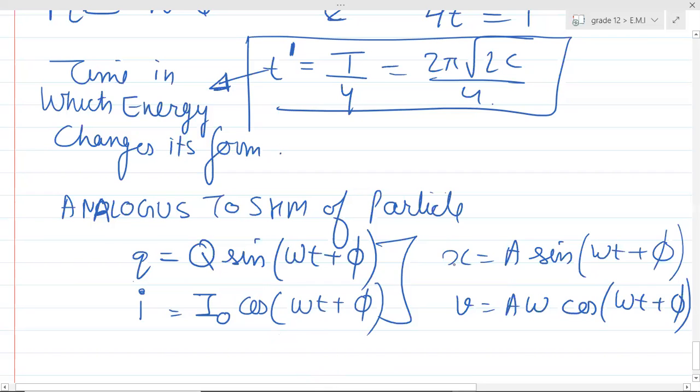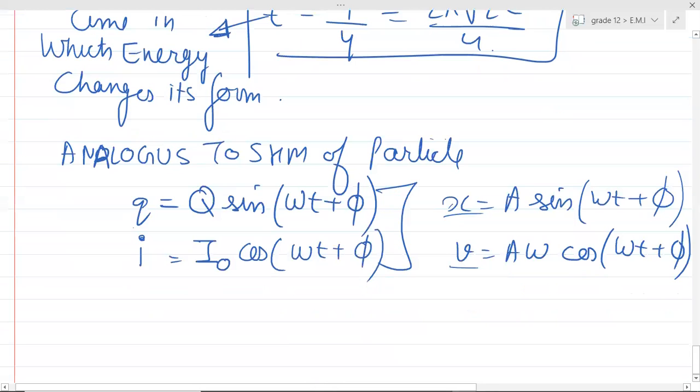Just like when we differentiated x with respect to time, we got v, similarly, when we differentiated q with respect to time, we got I. Yes or no? It's the opposite in AC current. Why so? Like in the AC chapter, for the LC circuit, even you can write it in the form of cos.